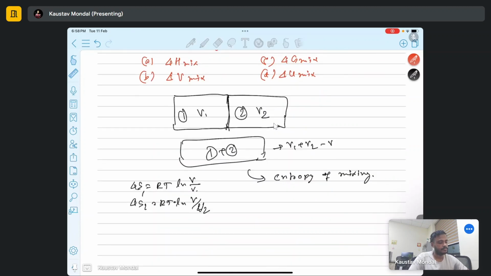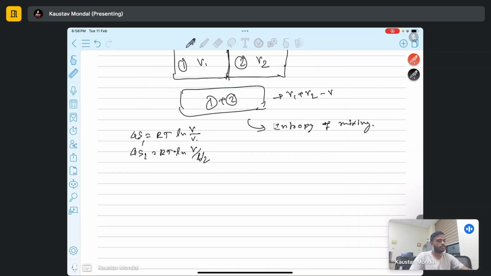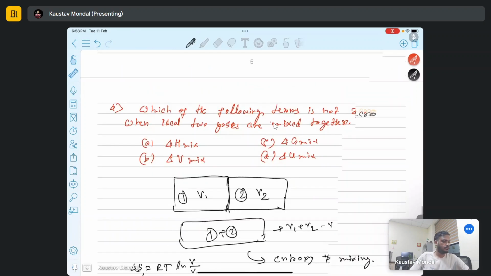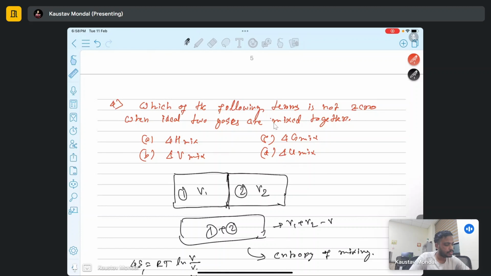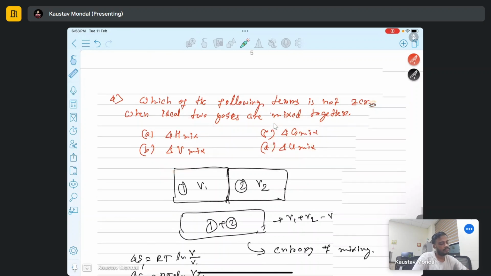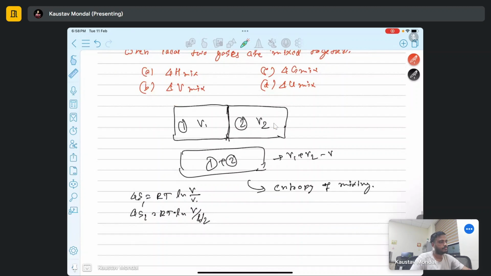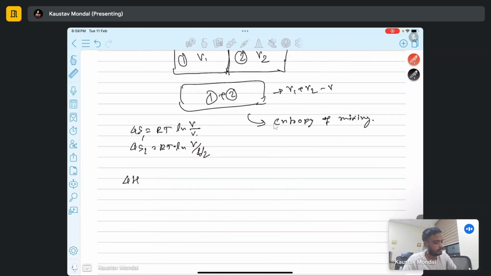Now, in the problem it has been asked what changes because of this mixing, what should become non-zero. Let's first consider delta H mix. Delta H mix basically gives you the enthalpy of mixing, and enthalpy accounts for the dq, right?